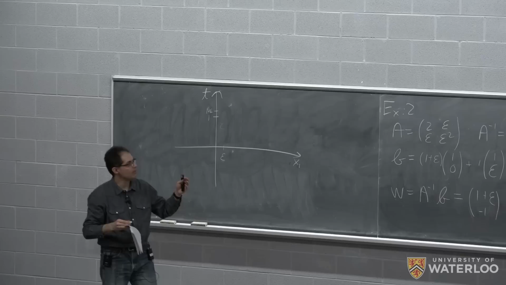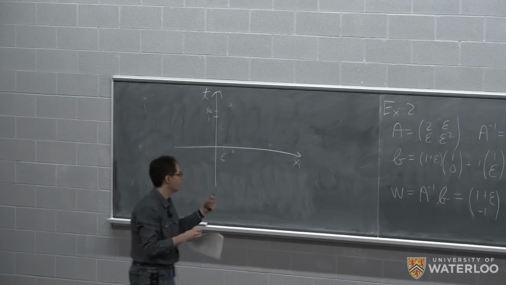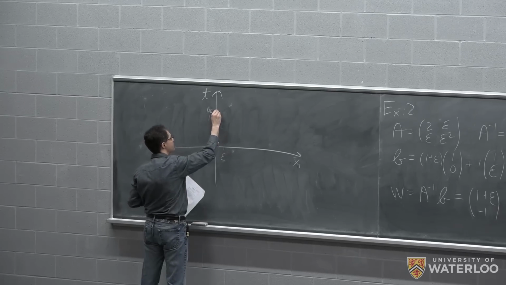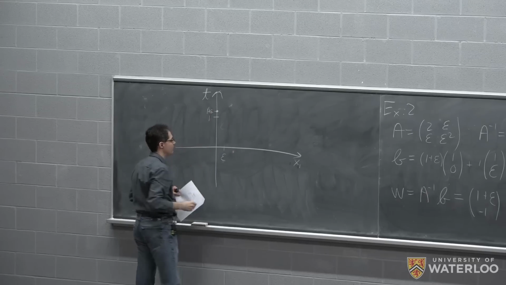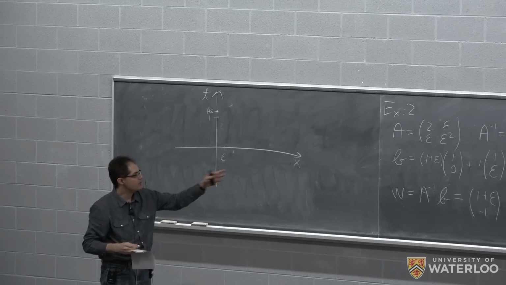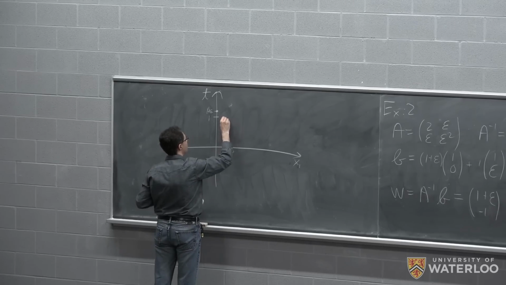For the first data point, I've got 0, and then 1 plus epsilon for the second example. So 1 plus epsilon is here. That's our first data point. And then the second data point is epsilon with 1, so I've got epsilon here, I've got 1 here.